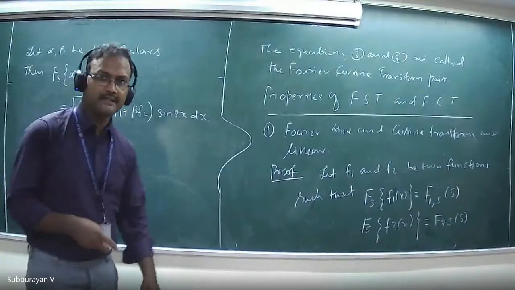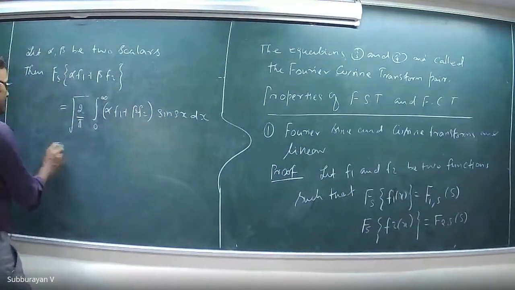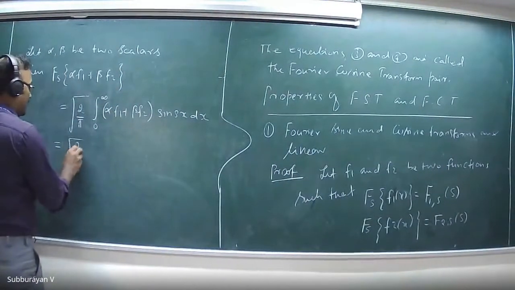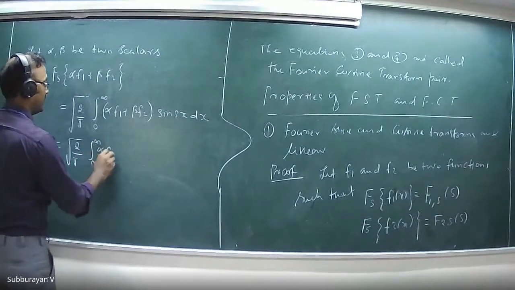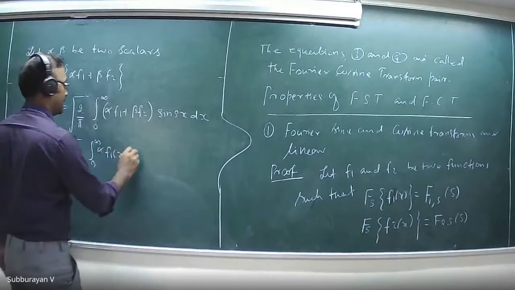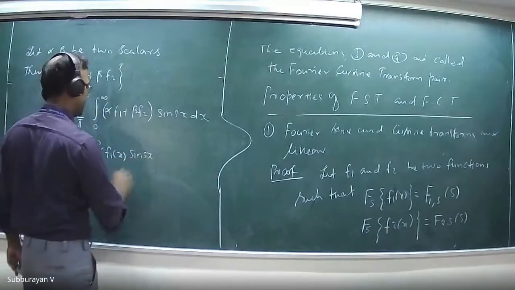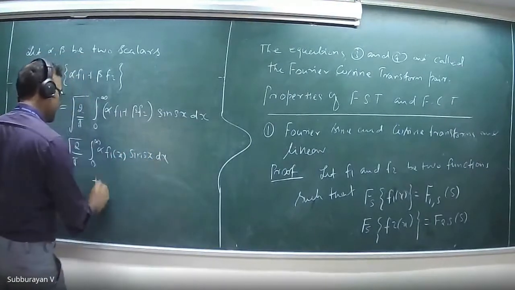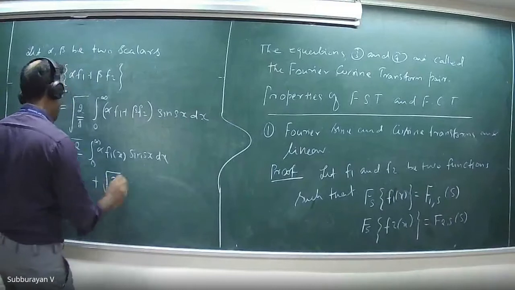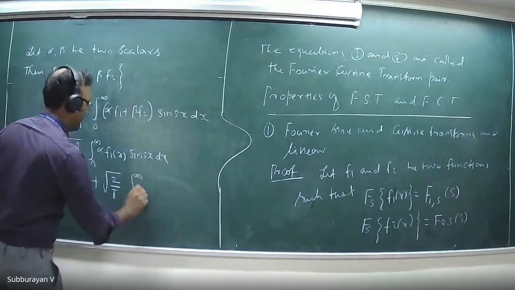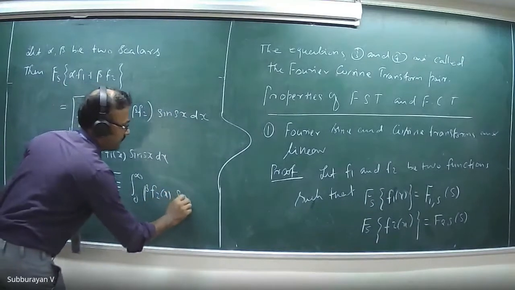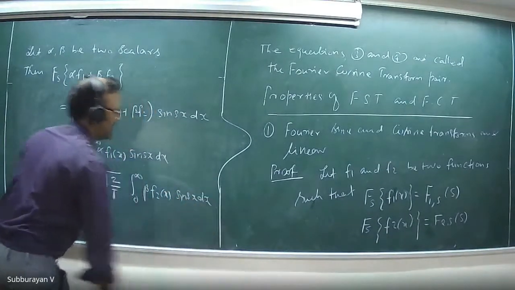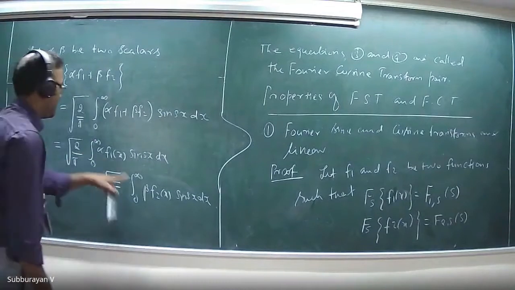Therefore one can write this as square root of 2 by pi integral 0 to infinity alpha f1 of x sine sx dx plus square root of 2 by pi integral 0 to infinity beta f2 of x into sine sx into dx. And alpha and beta are constants.